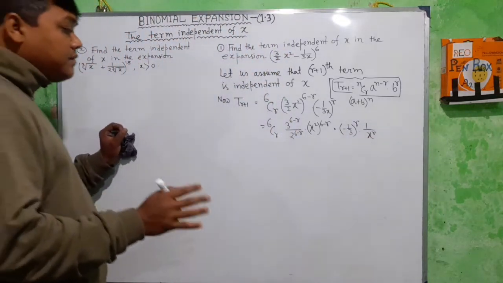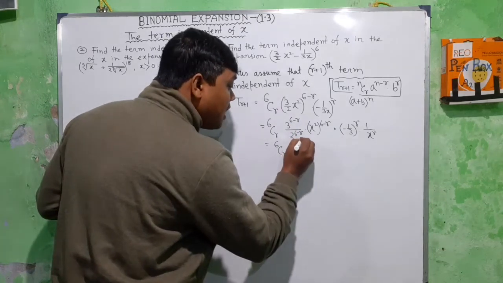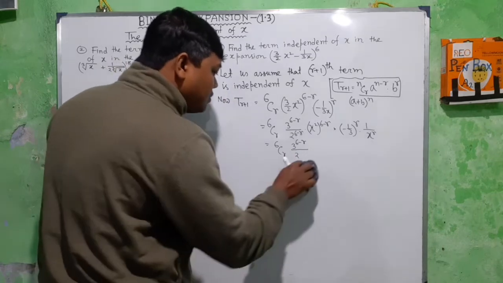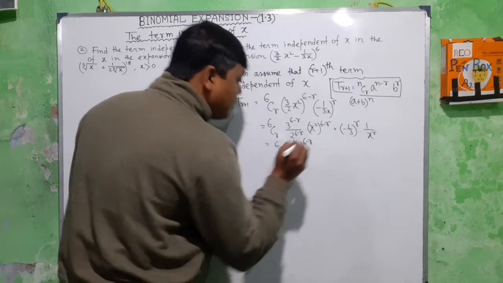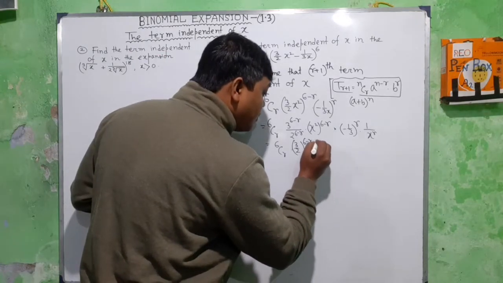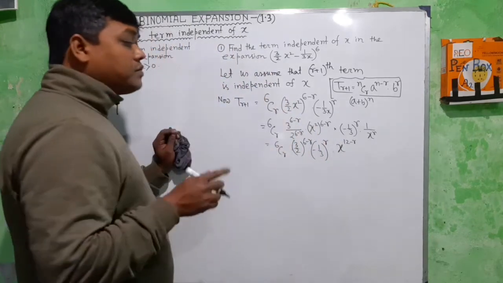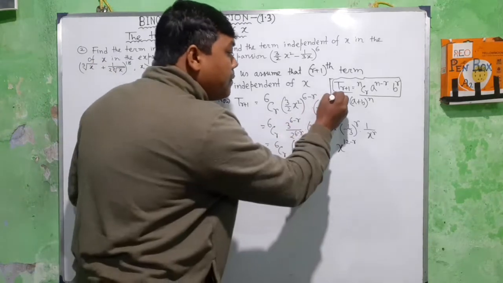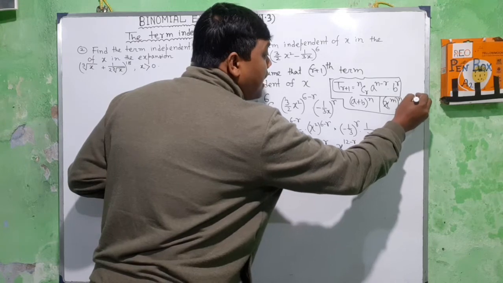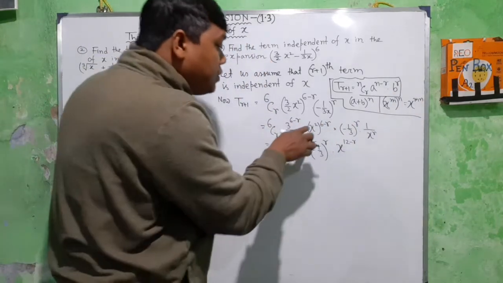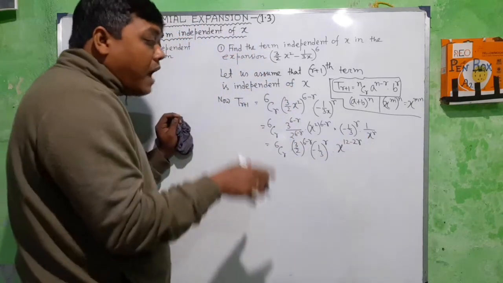Now simplify it. 6Cr (3/2)^(6−r) (−1/3)^r x^(12−2r), multiplying using the indices rule (x^m)^n = x^(mn). So I have written 2 into 6, that is 12, minus 2 into r, that is 2r, and also 1/x^r, so x to the power −r.